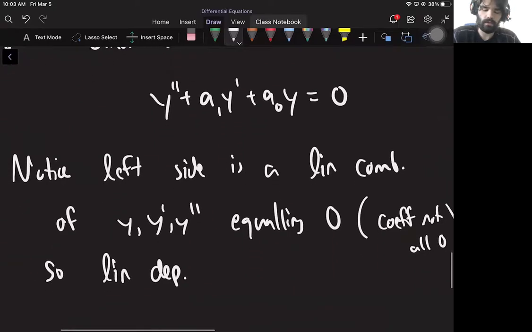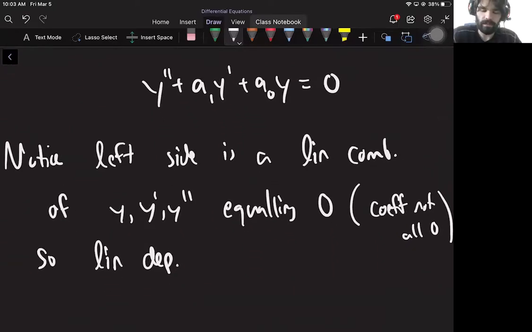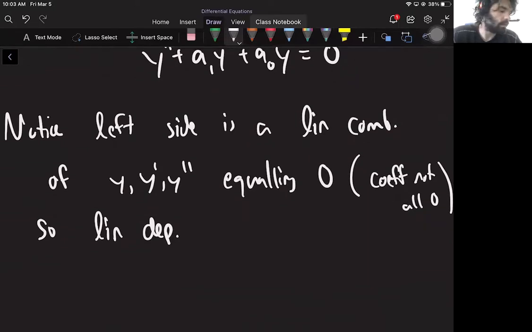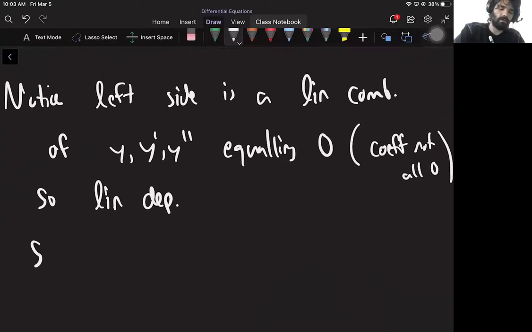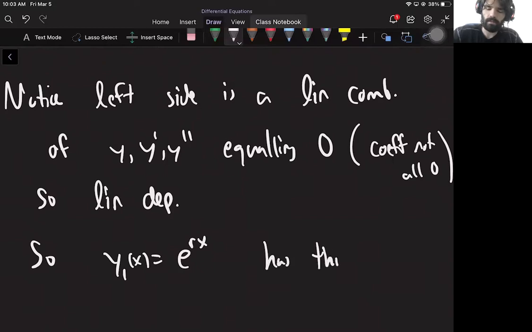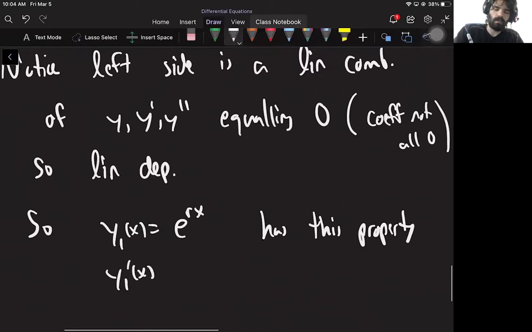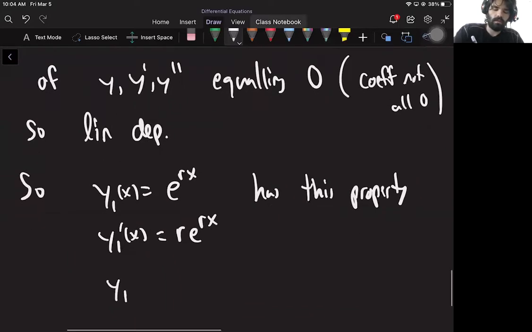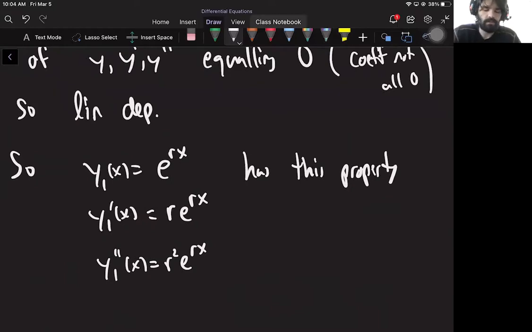So do I know a function whose derivative and second derivative are both the same type of thing as it? I do. It's e to the x again, e to the something x. Okay, so y1 of x equals e to the rx has this property, which is if I take its derivatives, I do get 3 linearly dependent functions because these are all just multiples of each other by different amounts.